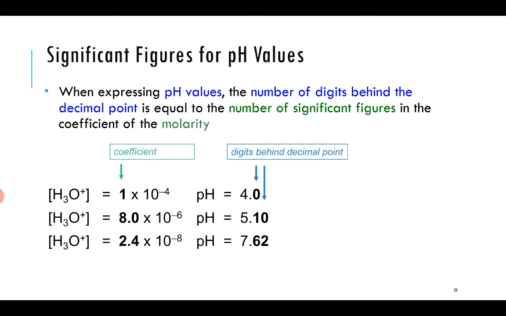Okay, and so this introduces a new significant figure rule. So far in this semester, we have only done 2 rules for significant figures. We did 1 rule for multiplication and division, and we did a different rule for addition and subtraction. Now we're going to be using a 3rd significant figure rule.